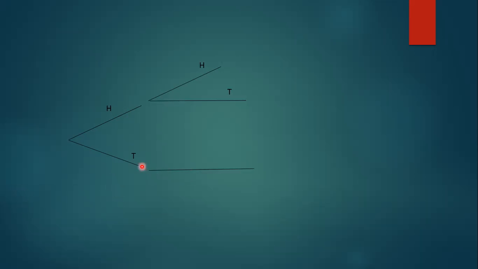Then still here at first, if we had a tail, on the second throw we can either get a head or a tail. So this is the second throw, so we can go on to the third. So here we shall still have head or tail, head or tail, head or tail, head or tail. And here the probabilities of getting a head and a tail are the same. So it is a half onwards. So we see that the half appears 3 times.